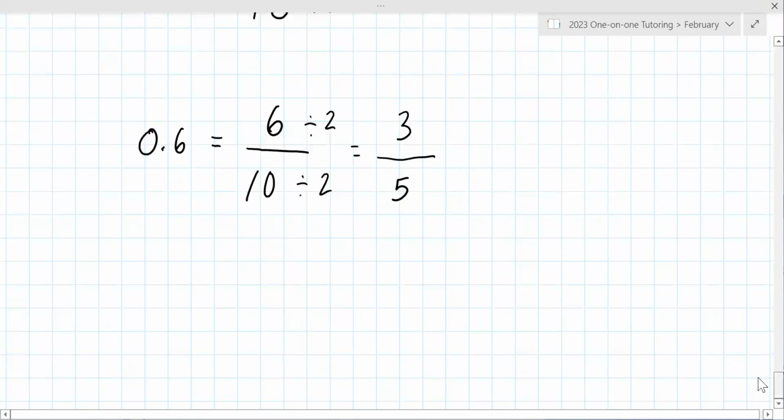All right, let's try another one here. How about 0.8? Could you try this one on your own, please? Okay.